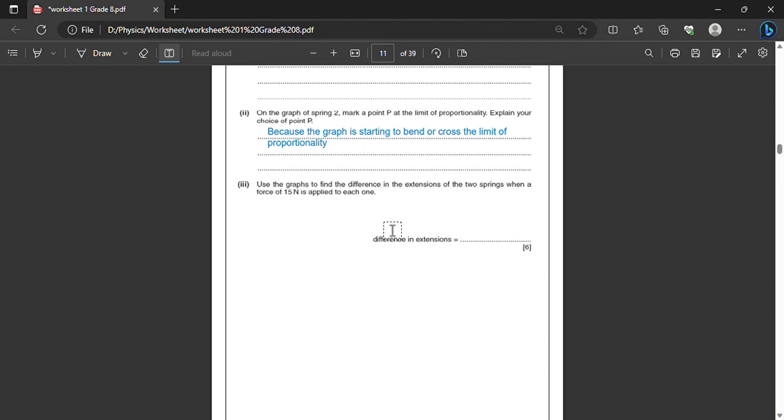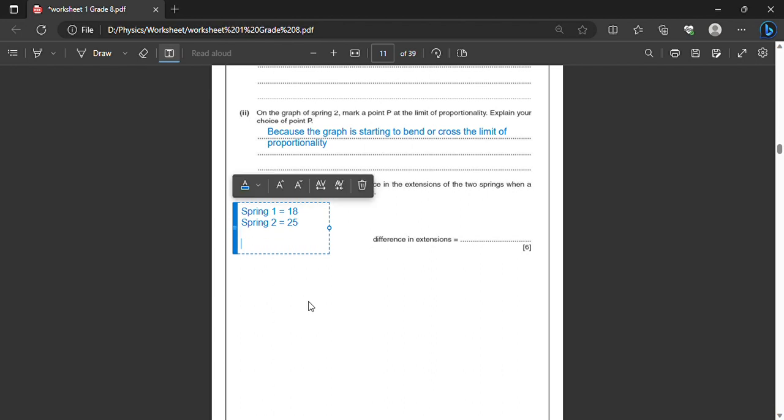You can write: use the graph to find the difference. For spring 1, if you do it with the graph, you'll get 18, like how I subtracted and showed you from the limit of proportionality. Then for spring 2 it will be 25.